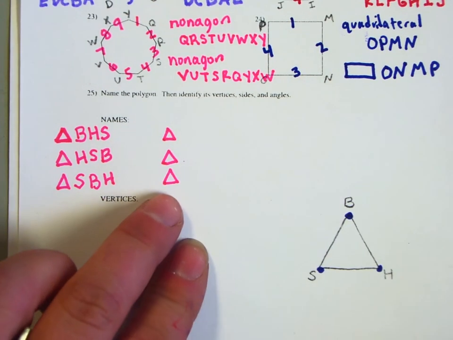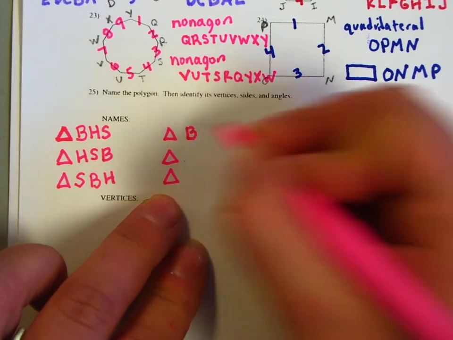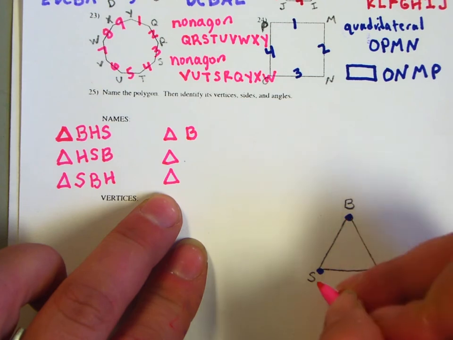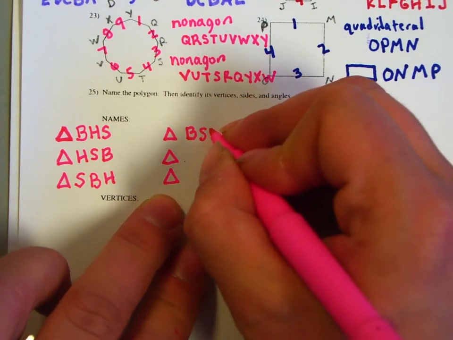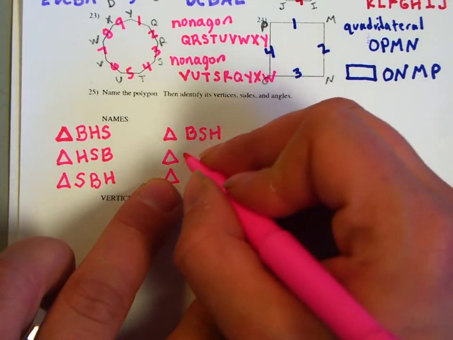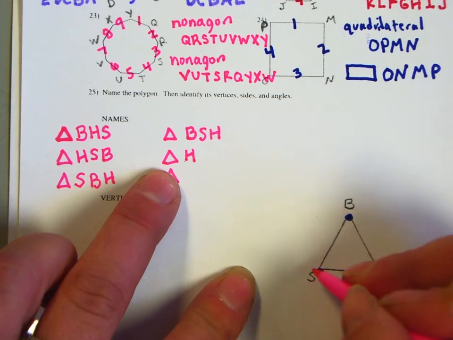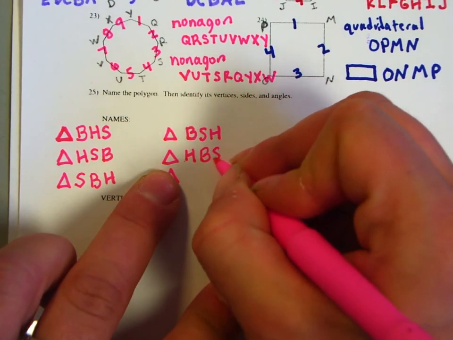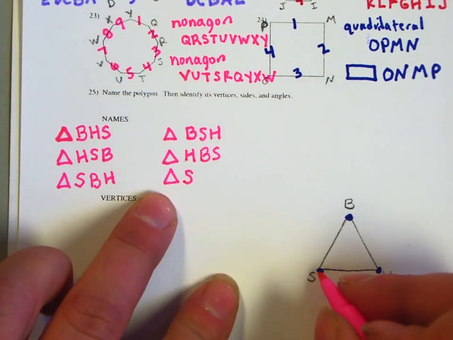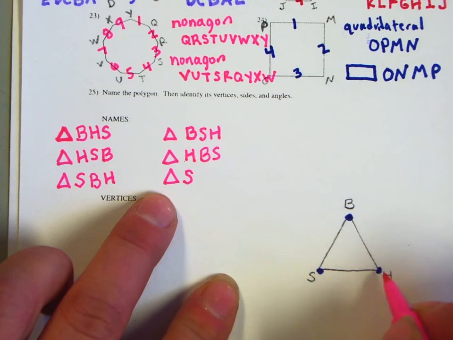We're going to have 3 acceptable names in a counterclockwise direction. So let's say we started with vertex B again, in a counterclockwise direction, triangle BSH. If we start with vertex H again, counterclockwise, it's triangle HBS. And lastly, if we start with vertex S in a counterclockwise rotation, it's triangle SHB.